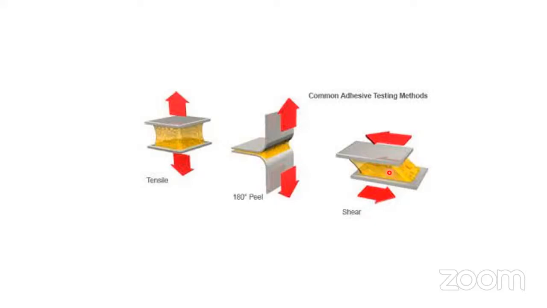Generally, if you pull those plates in opposite directions, it will create shear between the plates. That strength we can call shear strength.